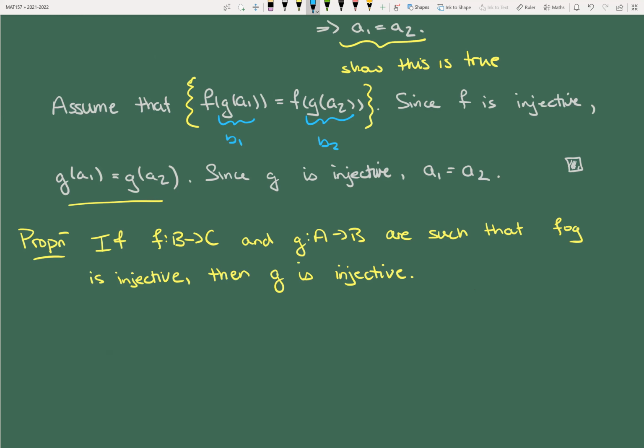Okay, and then kind of as a bonus here, does F have to be injective?